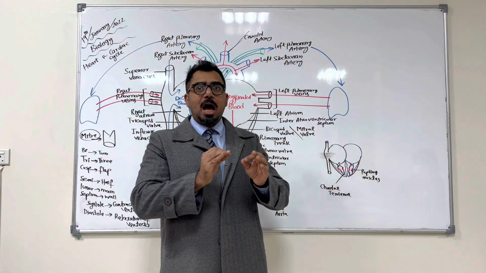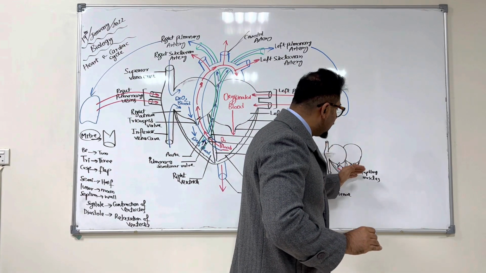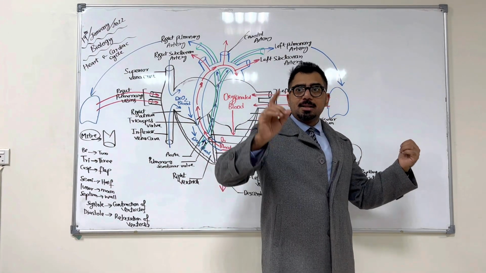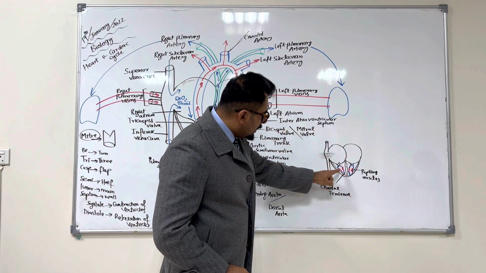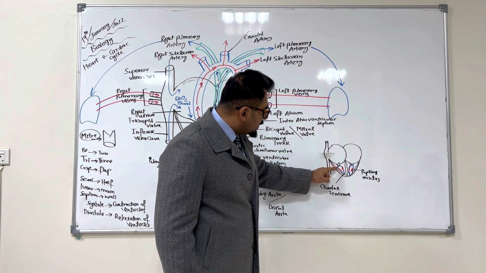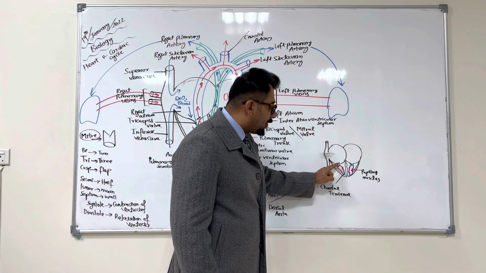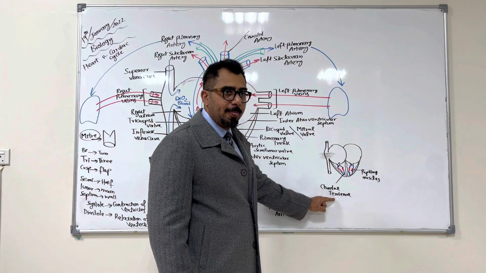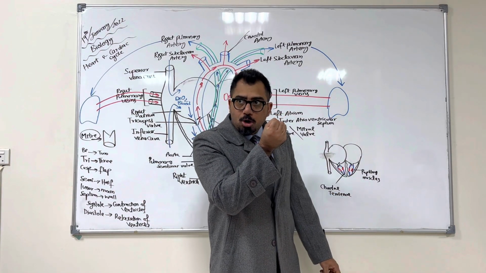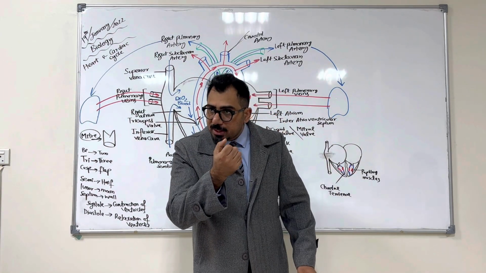Understood? So this is how the backflow of the blood is prevented from the ventricles into the atria. Understood again? Listen again, boys. These are muscles I have shown with the red color, right? And the muscles are attached to the flaps with the help of tendons which are called chordae tendineae. Muscles are called papillary muscles. When the ventricle contracts, at the same time these papillary muscles also contract.